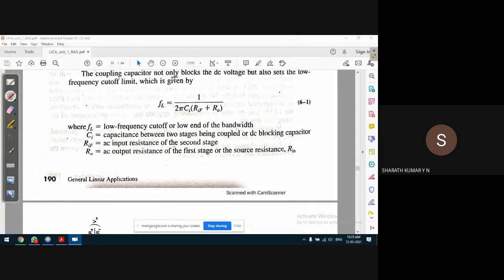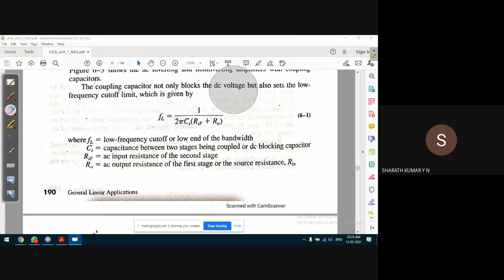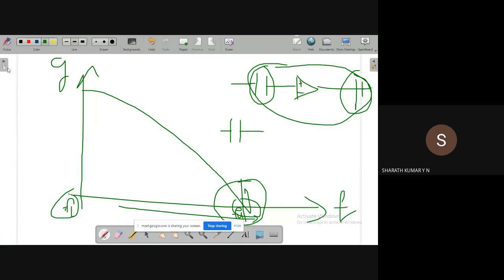The coupling capacitor not only blocks DC voltage. If the coupling capacitor had done only this job, everybody would have been happy, but unfortunately that is not the case. It comes with a price. It also sets the lower cutoff frequency limit. Let us assume there is no capacitor in the picture, an AC amplifier without the coupling capacitors.